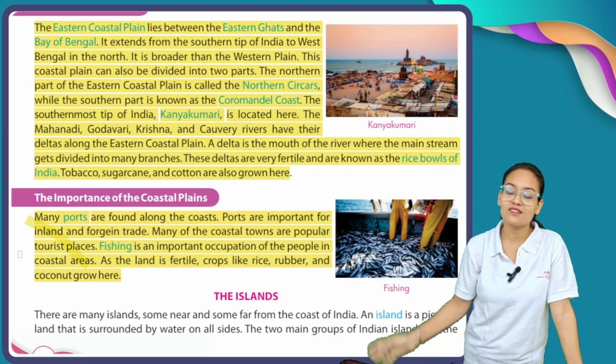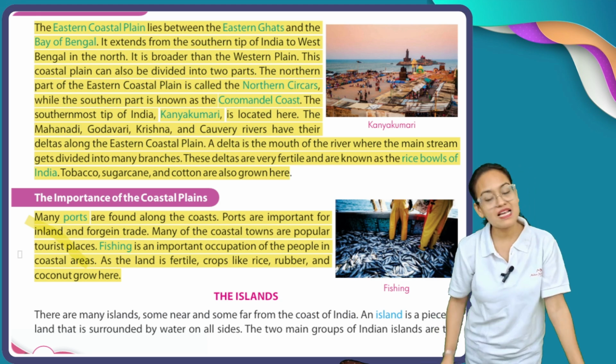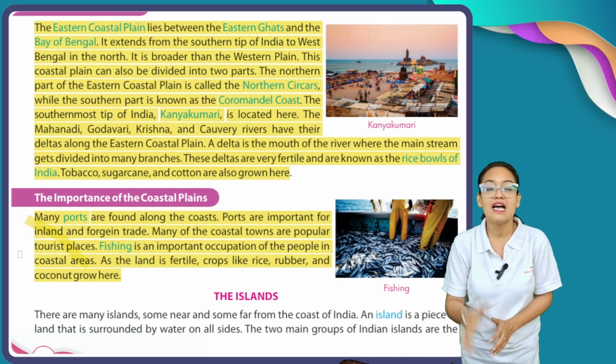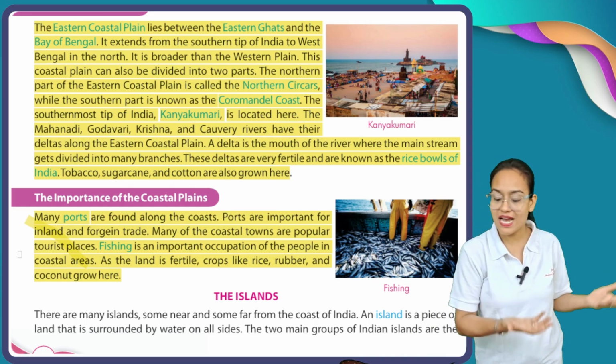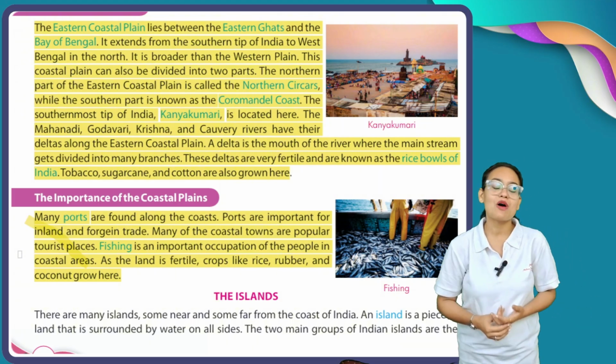What is the major occupation of the people here? Fishing. And as you know, the coastal areas are very fertile, so crops like rice, rubber and coconut grow easily. So this is all about our coastal plain.